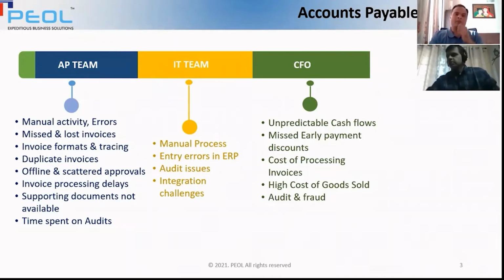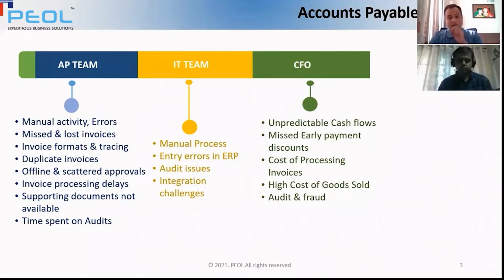It can be up to 1%, 1.5%, 2%, depending on your terms or the size of the spend. Many times it is not known that there was an early payment discount, and you miss out on getting that discount itself. So again, it directly hits your bottom line.